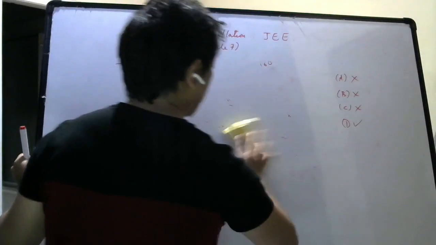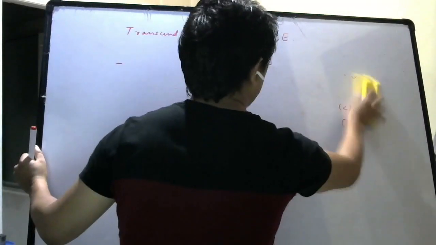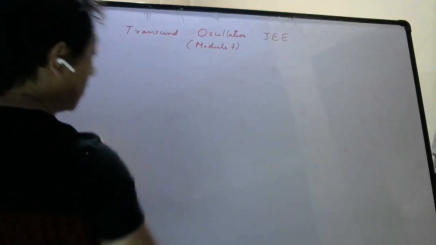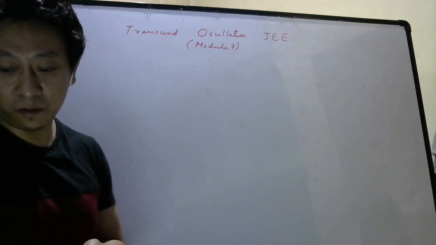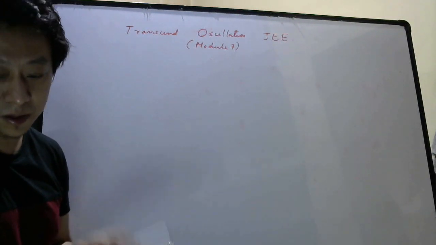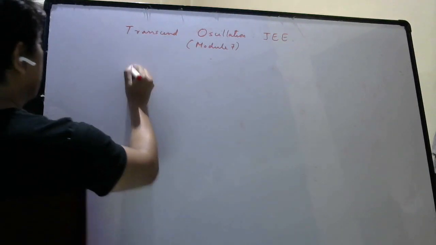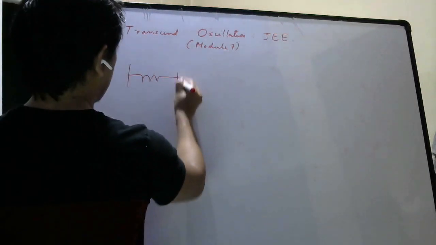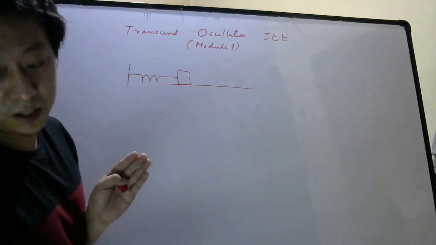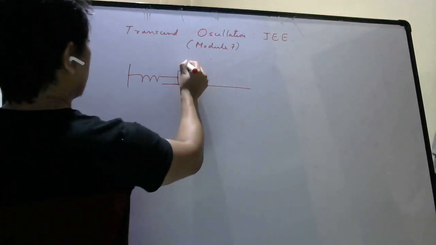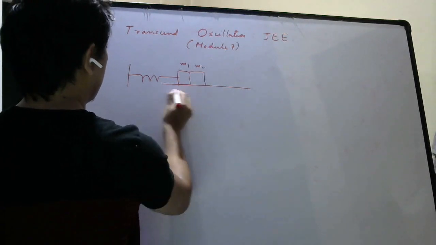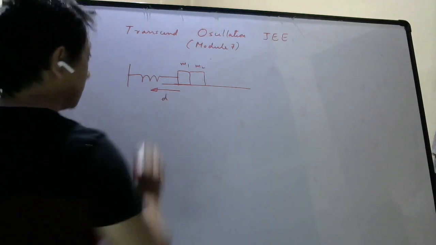Both the blocks are pushed to the left so that the spring is compressed by a distance D. So here is the spring, here is the block which is connected to the spring, the other one is not connected because it's not fastened. So this is your M1. But then this is put here and then the whole thing is compressed by a distance of D.